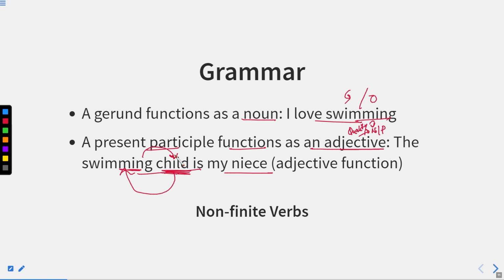So the swimming child means the child who is swimming is my niece. So I'm referring to a particular child who is swimming and stating that she is my niece. So this is an adjective function, and here the swimming is a participle of course.